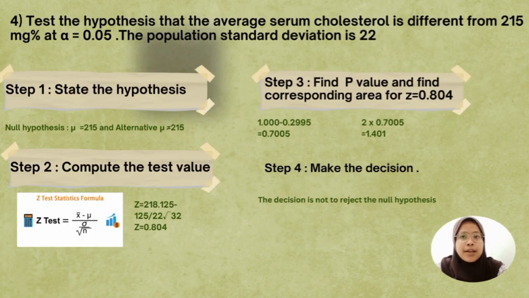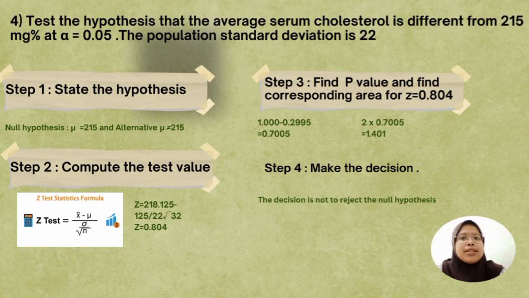Question 4. Test the hypothesis that average serum cholesterol is different from 215 at alpha 0.05. The population standard deviation is 22. Firstly, we need to test the hypothesis.